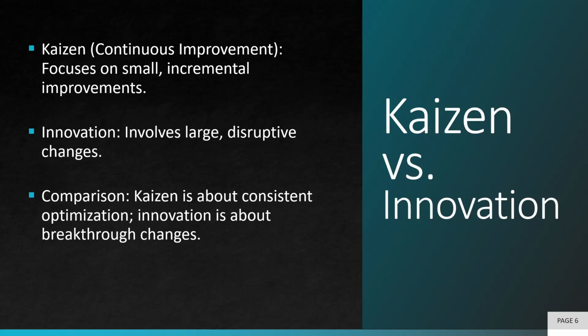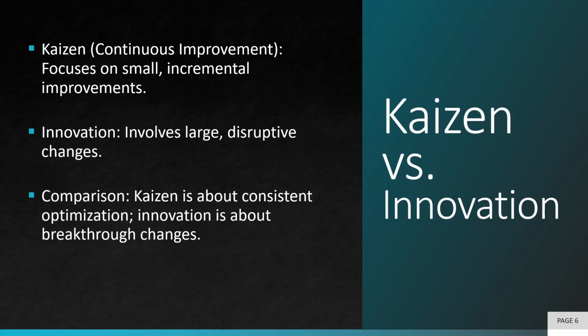Now let us see Kaizen-based innovation. Kaizen, the continuous improvement, focuses on small incremental improvements. So basically under Kaizen, we are not targeting a major change or big change. Here we are focusing on small things which can bring some changes into day-to-day life.